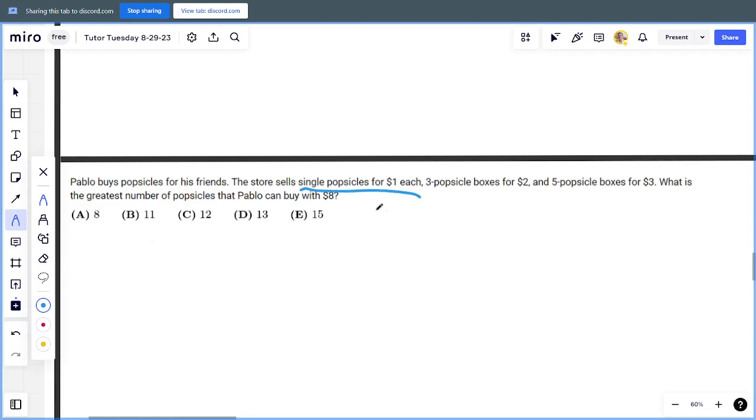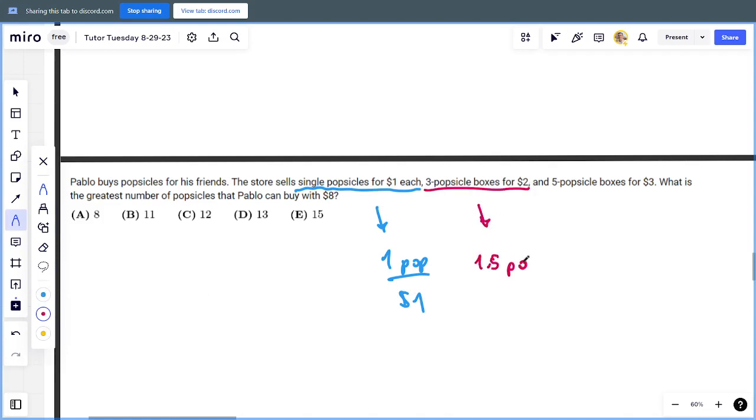So in the first option, we get 1 popsicle for $1. Oh, sorry, let me read the rest of the question. What is the greatest number of popsicles that Pablo can buy with $8? Right, so single popsicles for $1 each, that's 1 popsicle per dollar. 3 popsicle boxes for $2, if we normalize that, that's 1.5 popsicles per dollar.